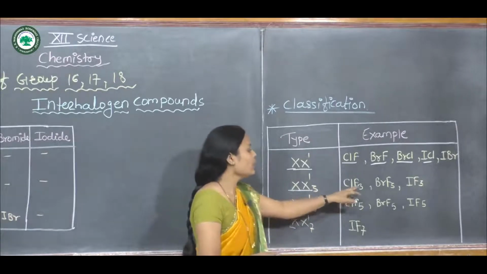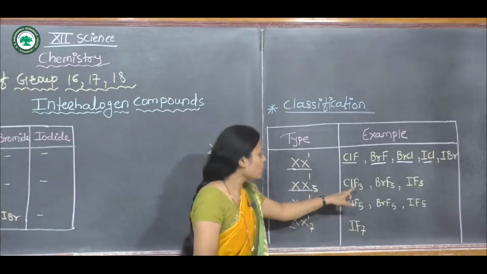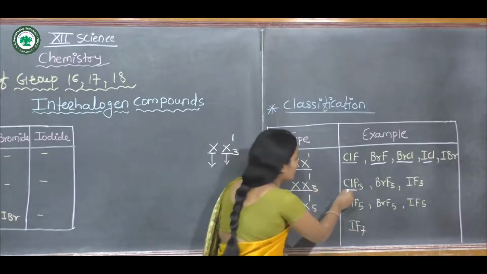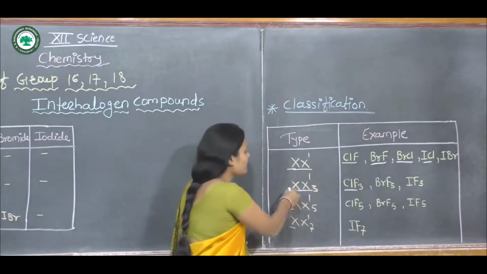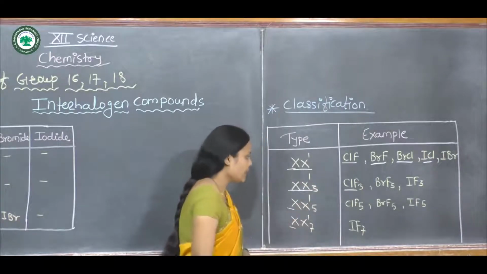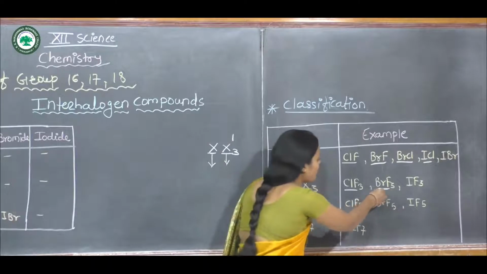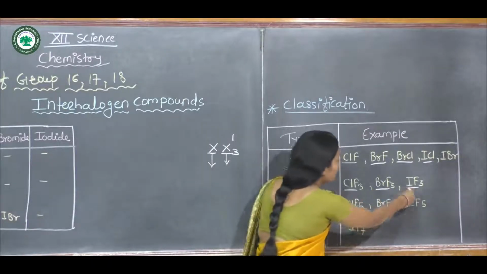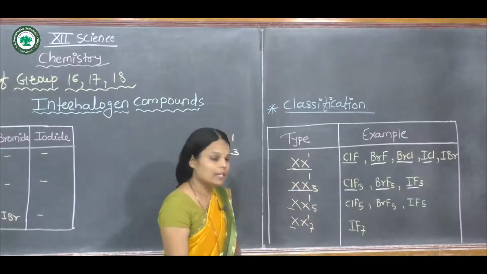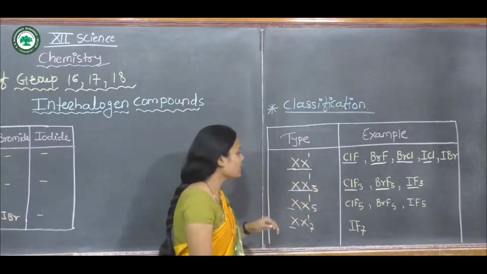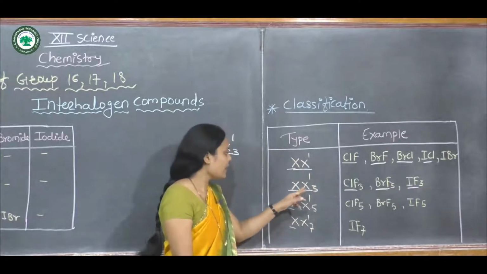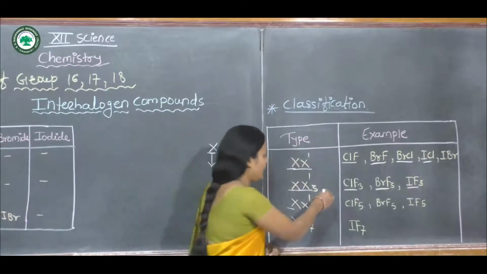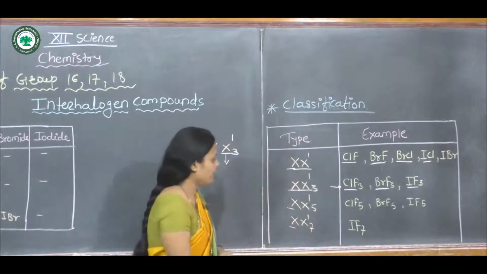Here is chlorine trifluoride, ClF3. Then bromine trifluoride, BrF3. Then iodine trifluoride, IF3. These are 3 examples of the second type, X X3 dash.